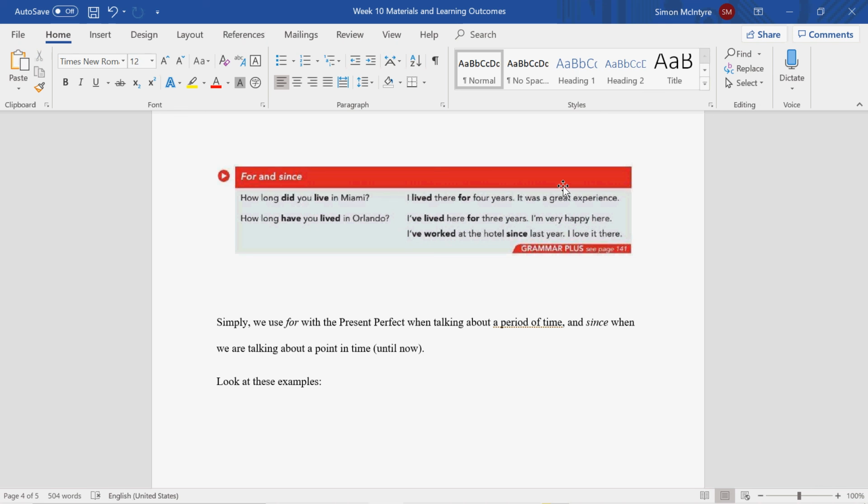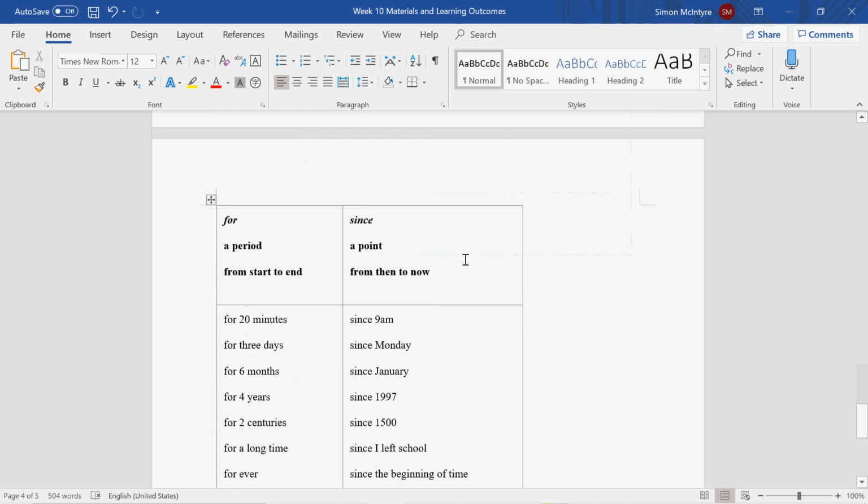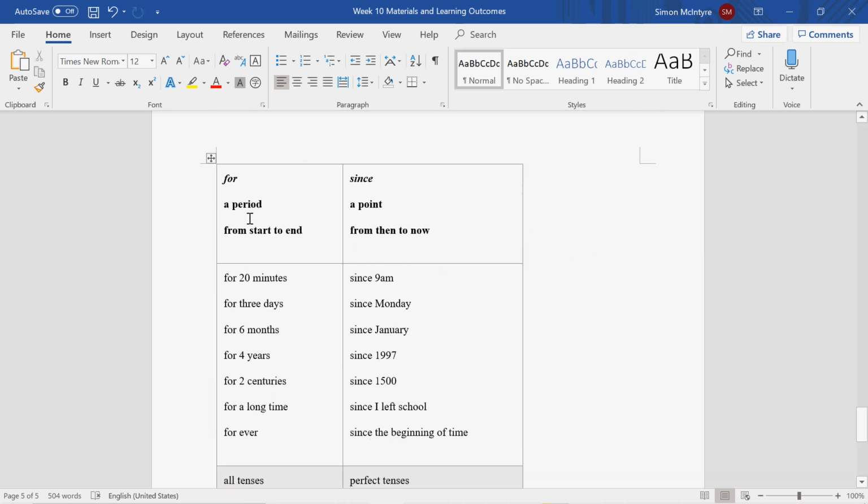Okay, so have a look at these examples here. So we use for a period from start to end. So I've been studying for 20 minutes. I've been exercising for 3 days. I have been dating my girlfriend for 6 months.